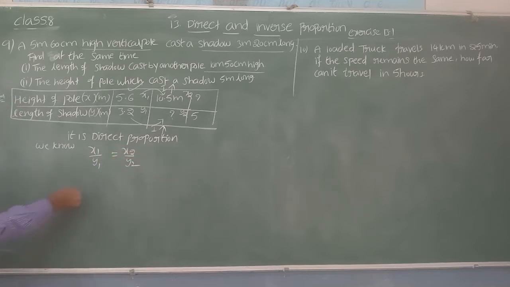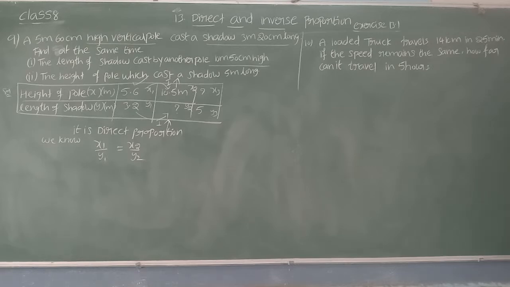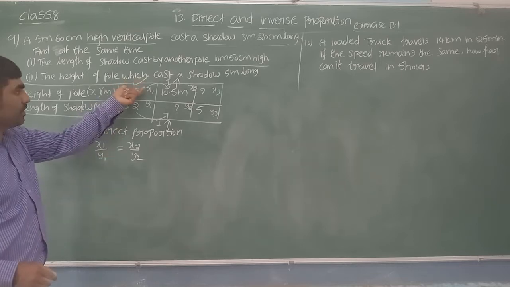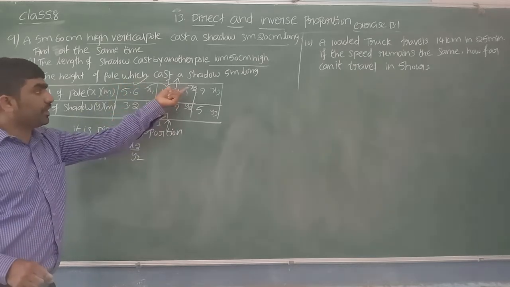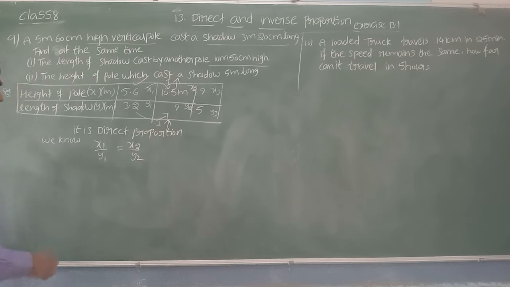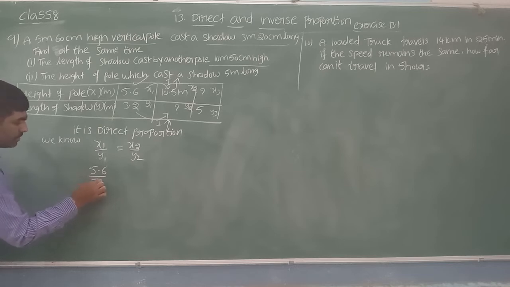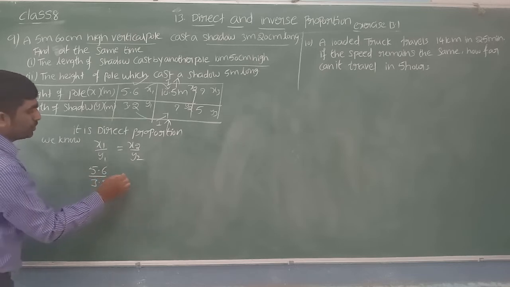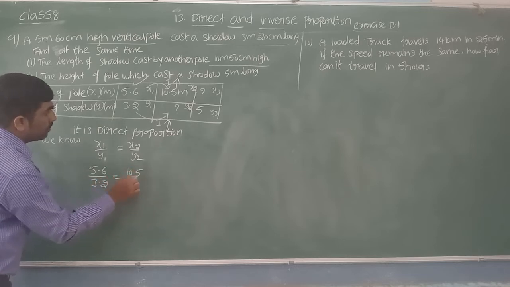What is x1 by y1? It is in direct proportion, so the ratios of the corresponding values are equal. By using these known values x1 by y1, we will find the unknown value y2. So x1 is 5.6, y1 is 3.2, and this is equal to x2, 10.5, by y2.